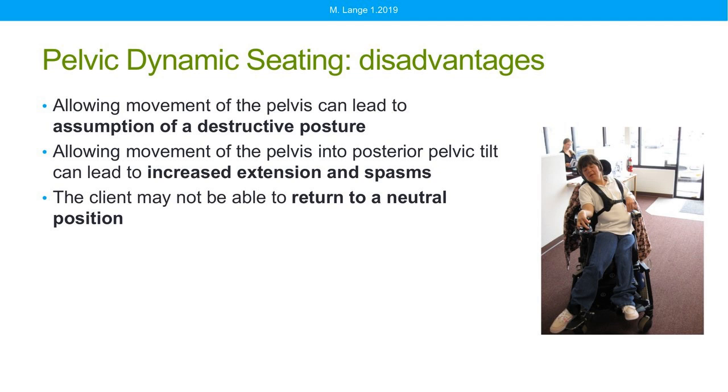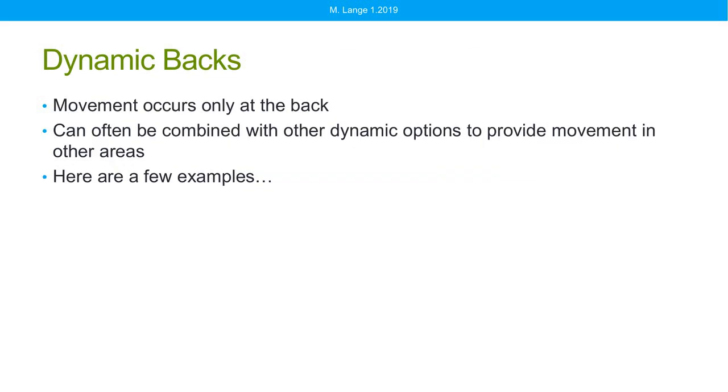And the client may not be able to return to neutral. And this is one of the reasons it's very important to try this stuff to see how your client responds to it, and to pay attention to the design of the back to see if there's features built in to prevent this from occurring.